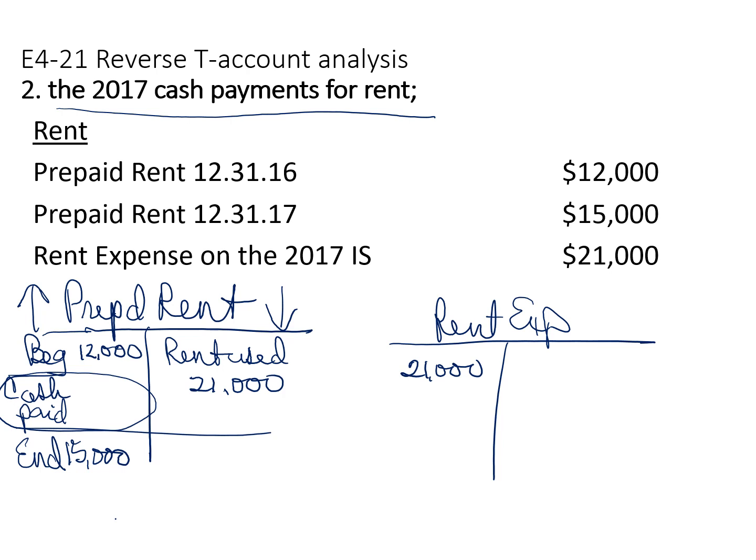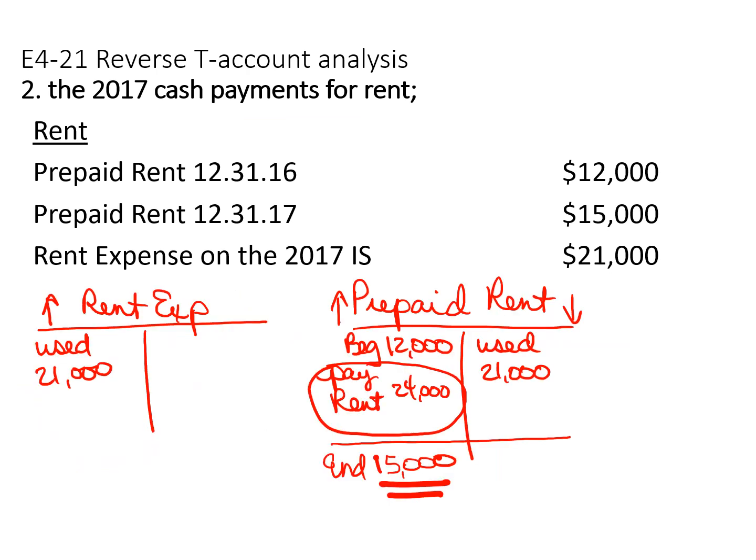So see if you can figure out how much cash was paid if those are the pieces of the puzzle. See how this is like CSI accounting? So when you're ready, look at the next slide. And you can see that the rent that was paid was $24,000. 21 plus 15 minus 12.